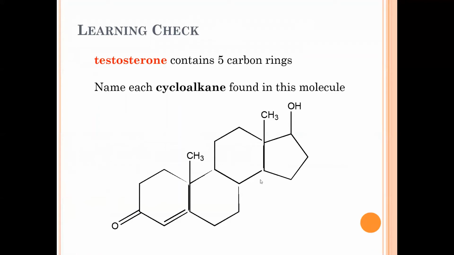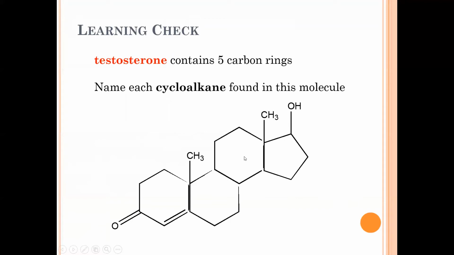But if I asked you right now to just go through, this is testosterone, and it contains 5 carbon-based rings. I want you to name each of what we call the cycloalkanes found in this molecule. So here's the biggie. Here's one right here. Okay, it's all single bonds. This one is 5, so this becomes cyclopentane.